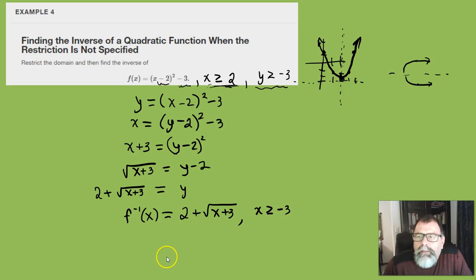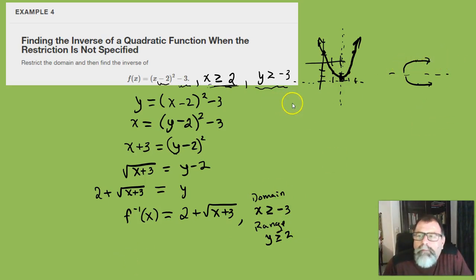And then my range is going to be y. So this is my domain, and my range is going to be y is greater than or equal to 2. Okay, so you're switching the domain and range. And that'll give us the top half.